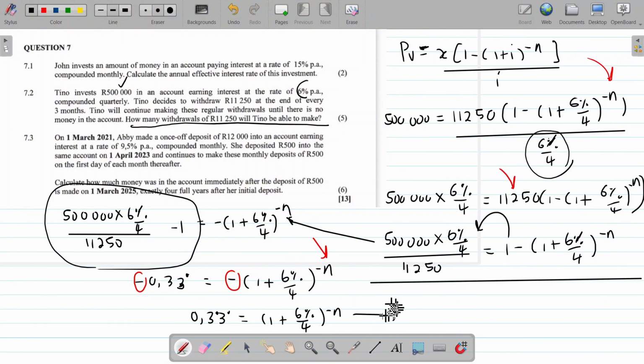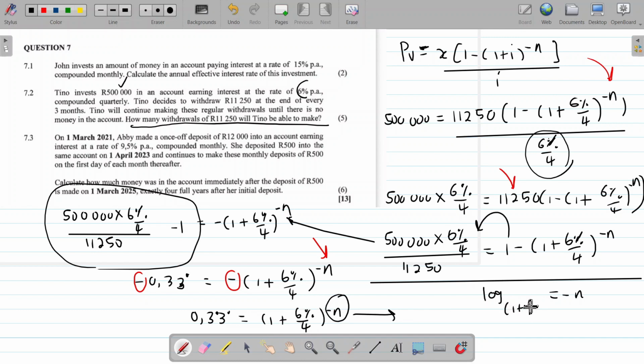So now I'm going to start off by using logs. I'm going to drop this minus N as my subject of the formula and then introduce logs. Now the base, which was 1 plus 6% over 4, is still going to be the base.